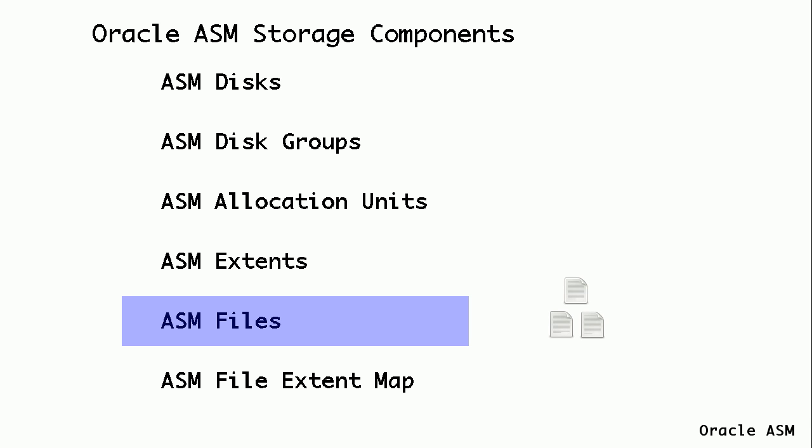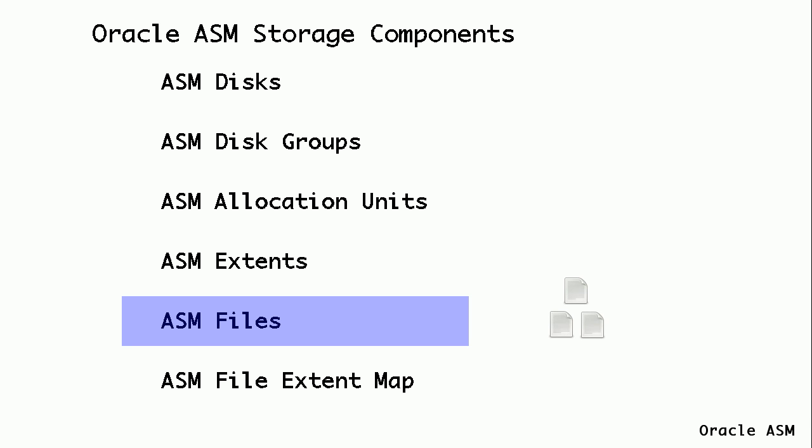Currently, Oracle ASM supports only database-related files, such as control files, data files, temporary data files, data file copies, server parameter files, online redo log files, archive log files, flashback logs, RMAN backups, disaster recovery configuration files, change tracking bitmap files, and Data Pump dump sets.